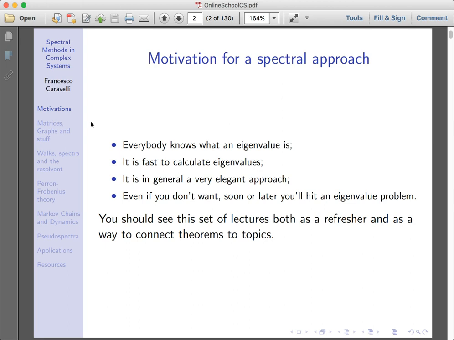In general, calculating eigenvalues is a fairly quick thing on a computer, in the sense that there are very efficient algorithms available. Also, it's good to know how to treat an eigenvalue problem because sooner or later, even if you are not a mathematically oriented person, you will hit an eigenvalue problem if you do research in complexity.